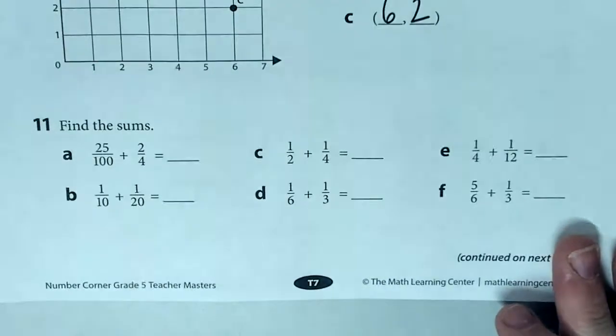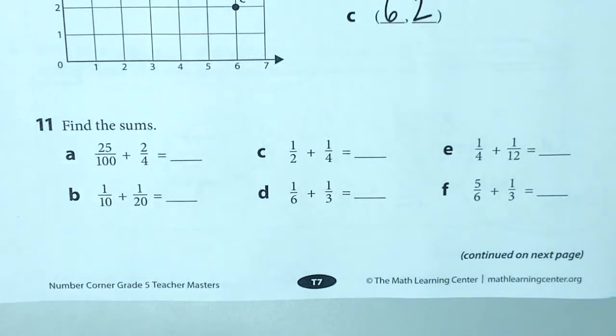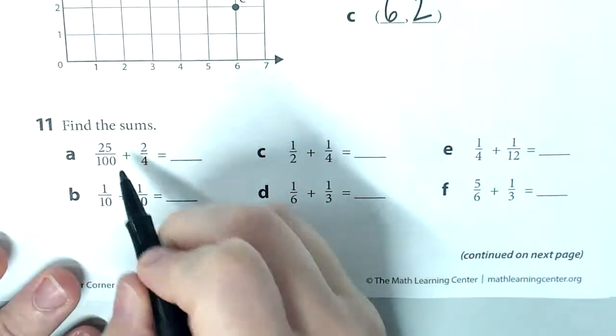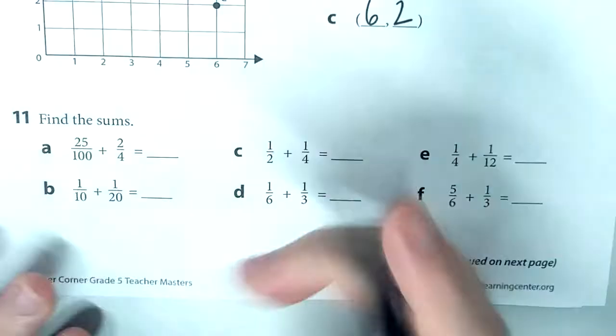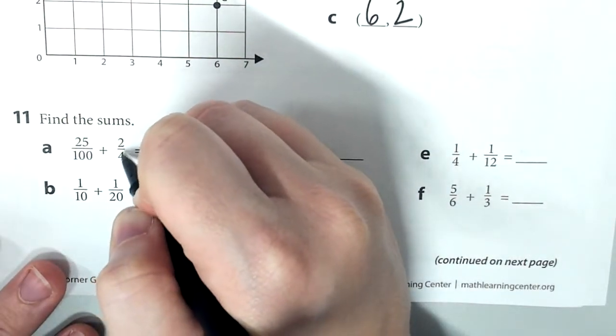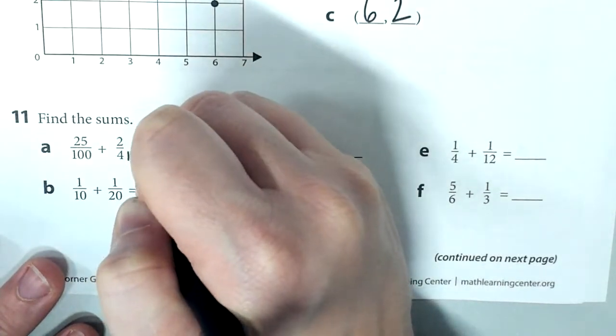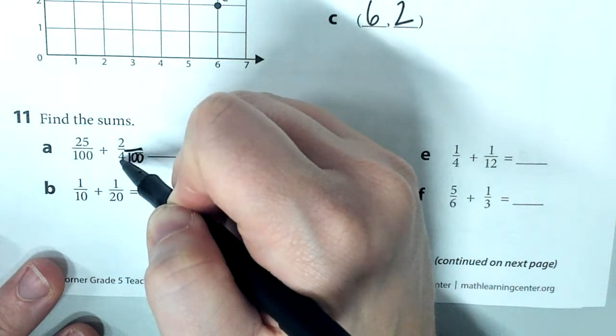Number 11, I have to find the sums. Okay, and we're going to be talking about clocks and money a little bit for these. Okay, so let's go to the first one. And I'm actually going to be able to do this without thinking about clocks or money, because I know that 2/4 is the same as how many hundredths? 2/4 is a half, right? 2/4 is a half.